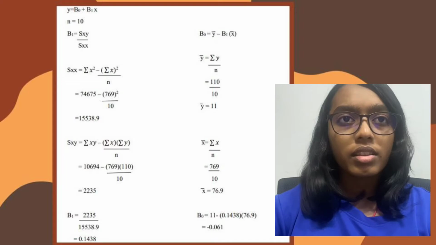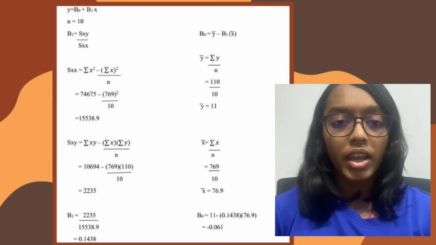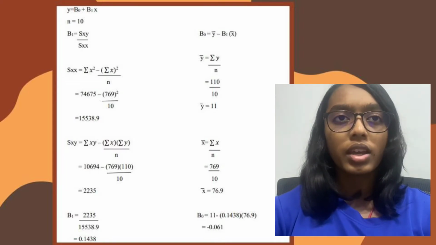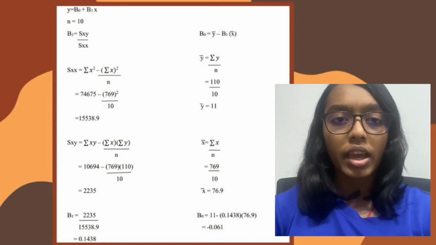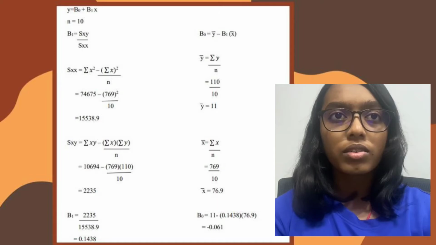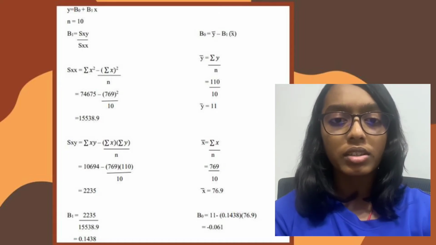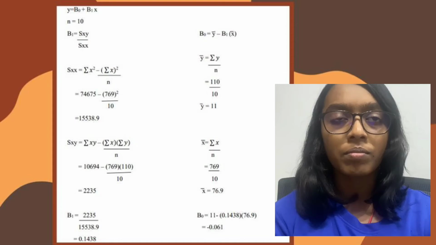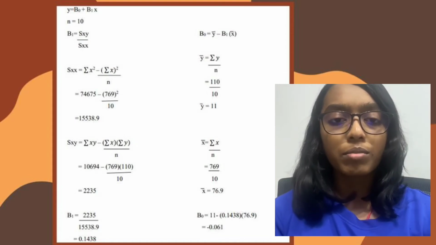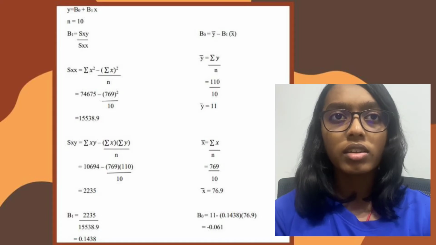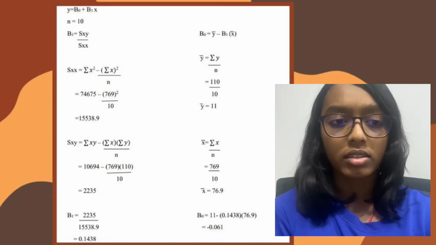The equation of the regression line is y equals B0 plus B1 times X. B1 represents the gradient of the line, whereas B0 represents the y-intercept. To find B1 is SXY divided by SXX.